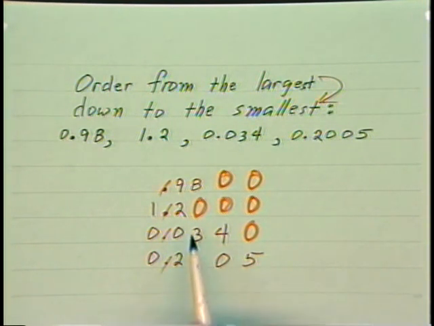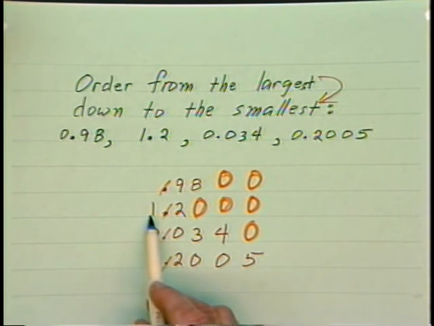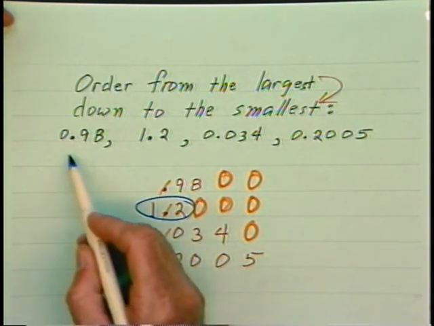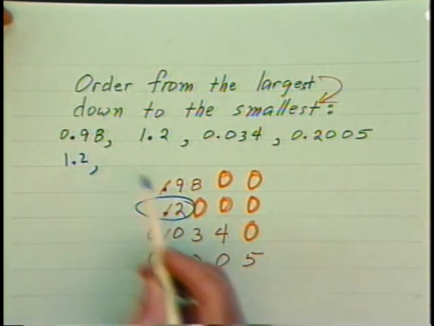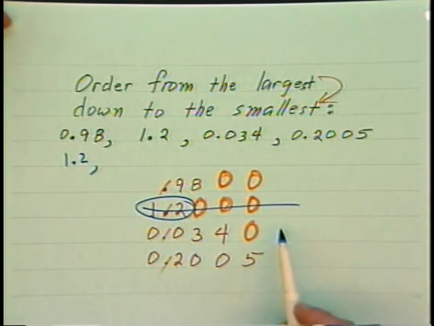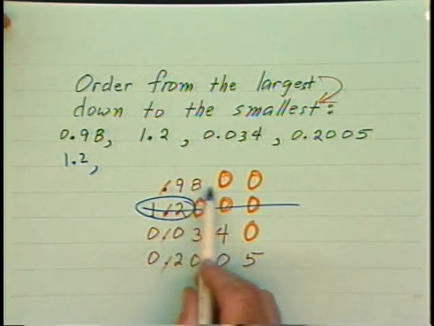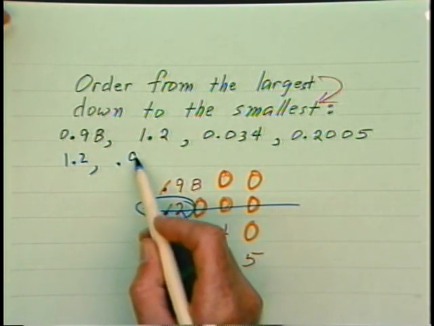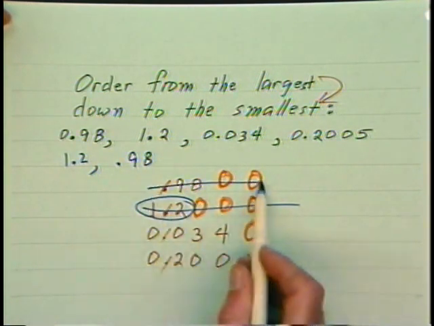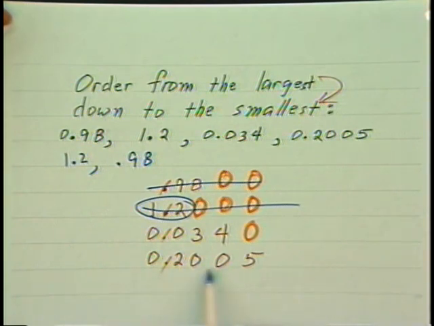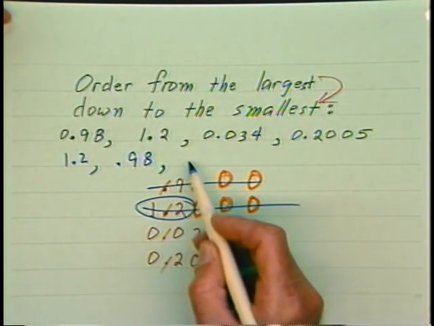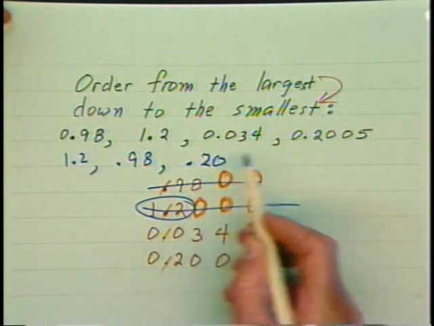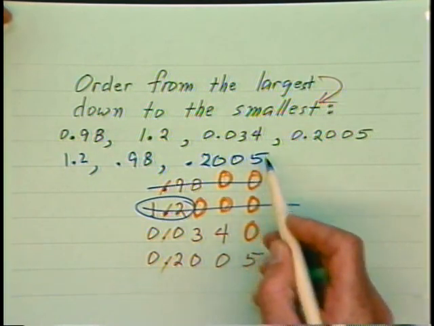But now, pretending as though the decimal points aren't there, we can see that this, in fact, is the largest, and it came from 1.2. Then with that out of the way, our next largest we can see is this one, which is 0.98. With it out of the way, we can see this is my next largest, 0.2005.